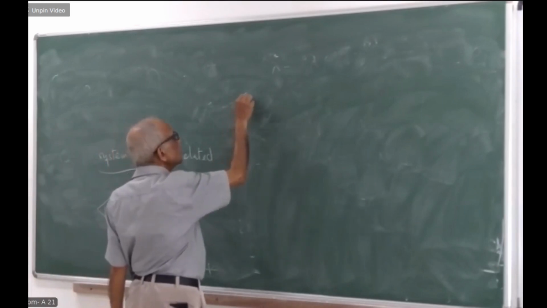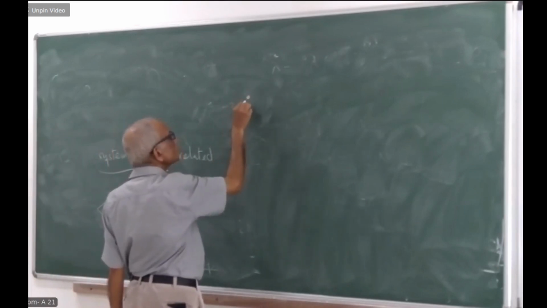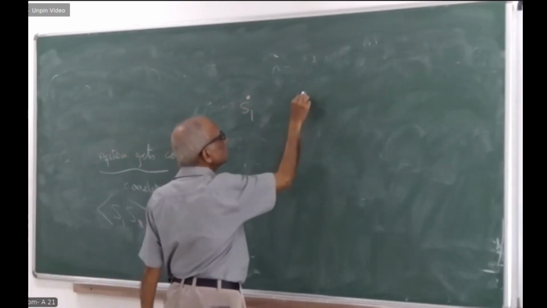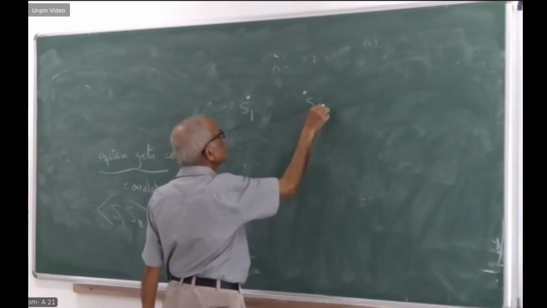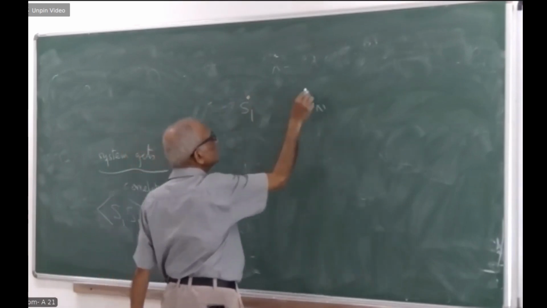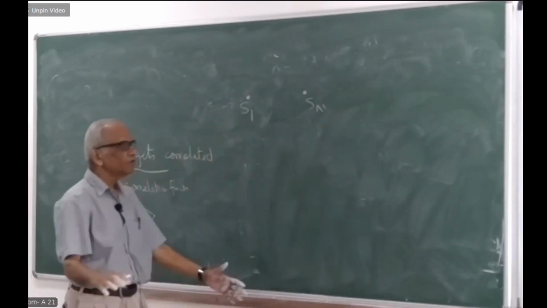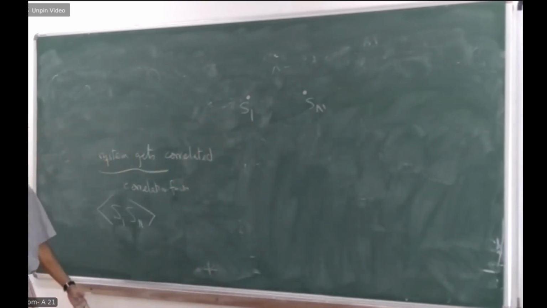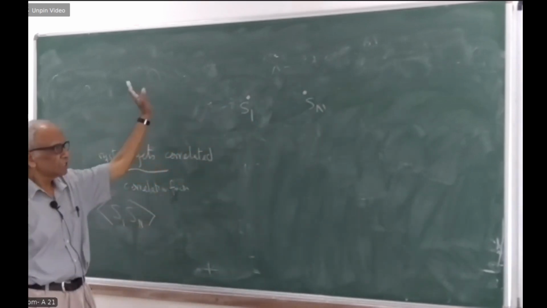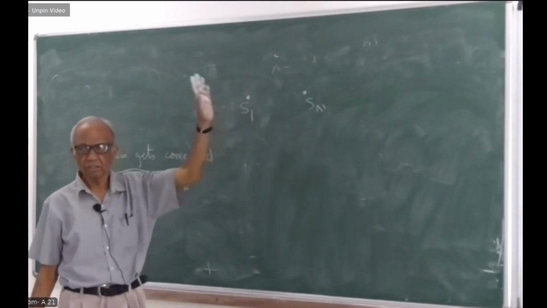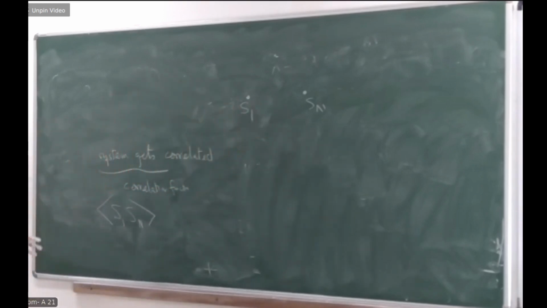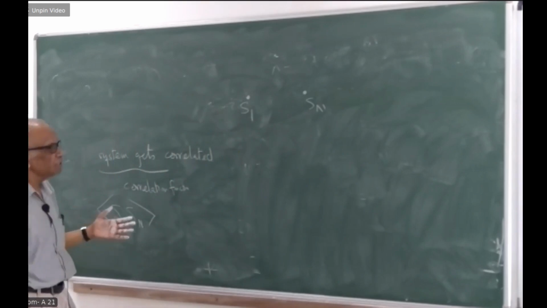So here is S1, and here is my Sn. That's the chain over here. The correlation function is entirely independent of what is outside, to the left or to the right.